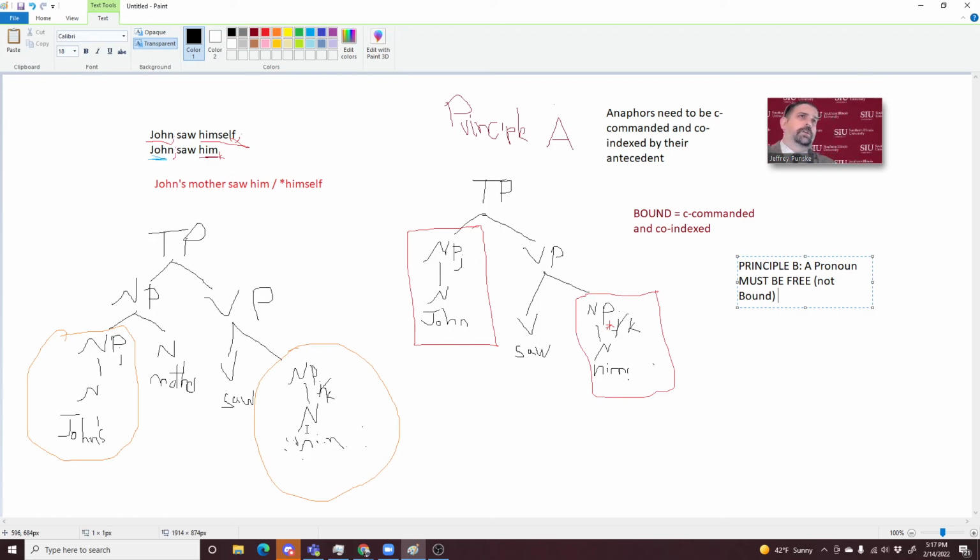So John wanted Mary to give him a ride. John wanted Mary to give himself a ride. Doesn't work unless Mary and himself are co-indexed. Himself cannot be co-indexed with John in that context.